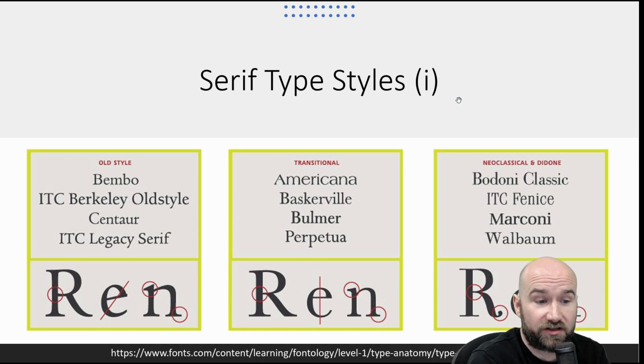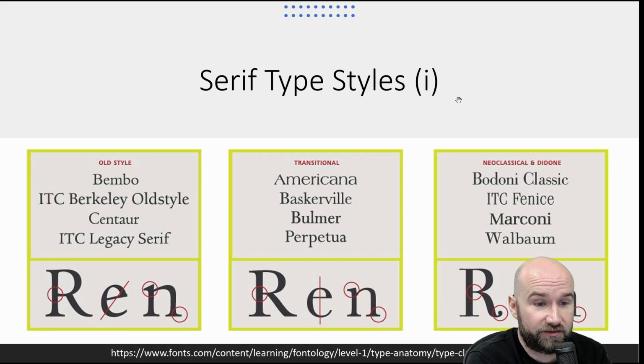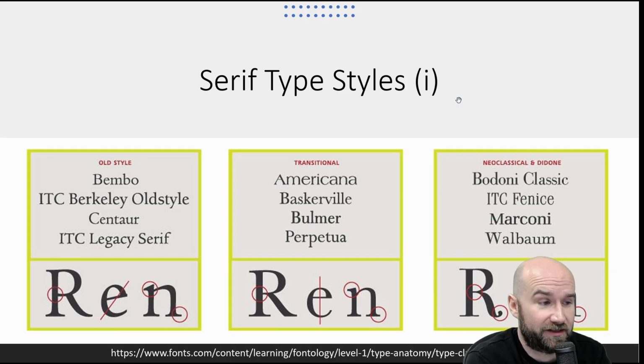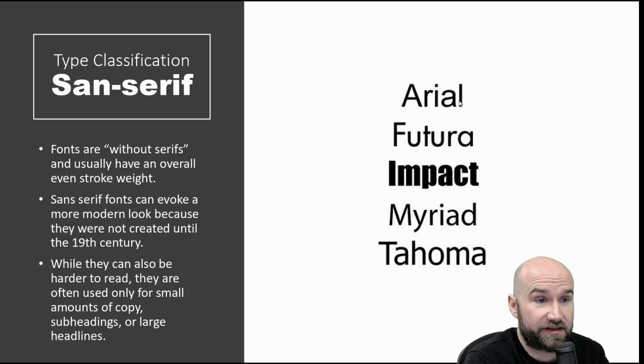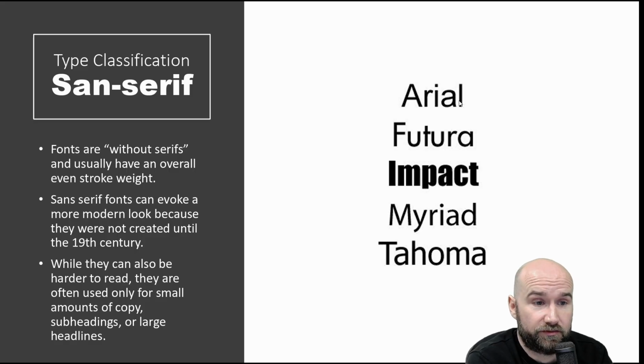So there are different serif type styles here. You can see pointing out the different feet and arms that hang off the edge. Then there's sans serif, without the serifs in the typeface, so an overall even stroke weight.